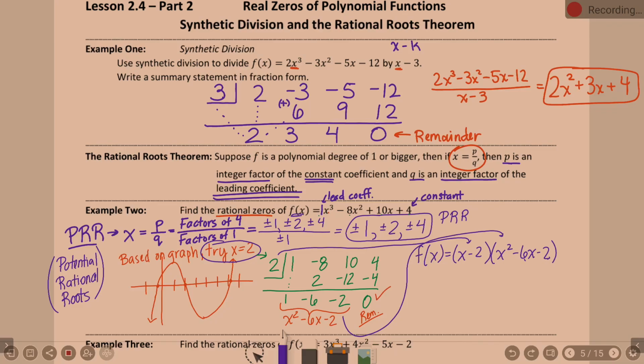It doesn't factor. Now, I'm not surprised, because if it factored, it needed to factor into this plus or minus 1, 2, and 4 business. And guess what? Keep pointing at the graph that turned off. But did it look like any of the other numbers were going to work? No.